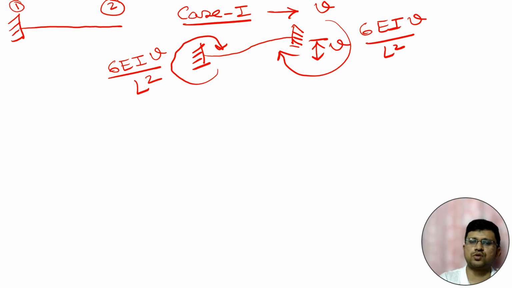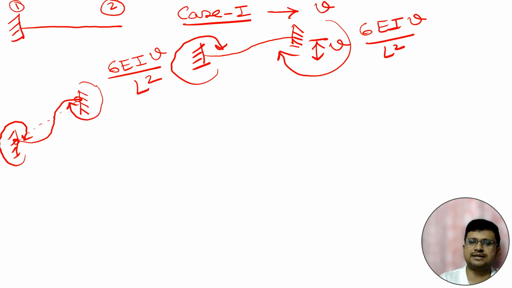Now, will this moment be clockwise or anti-clockwise? That concept is very simple. Like if both joints are hinge joints, at that time this will be the shape of the deflected beam. But as both joints are fixed joints, the slope at both joints will be 0. So the deflected shape will look like this. That means we can assume that we are giving some more moment to make the slope 0.